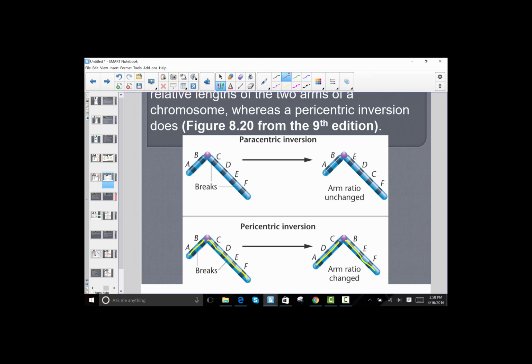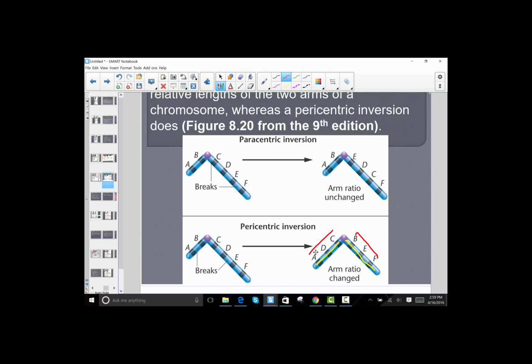I'm going to choose a different color. We had an inversion between B, C, and D. So this is now D, C, and B, and has changed the ratio of the arms such that we now have 3 genes on this side of our centromere, and 3 genes on this side of our centromere. Sorry, I pointed to the wrong one.